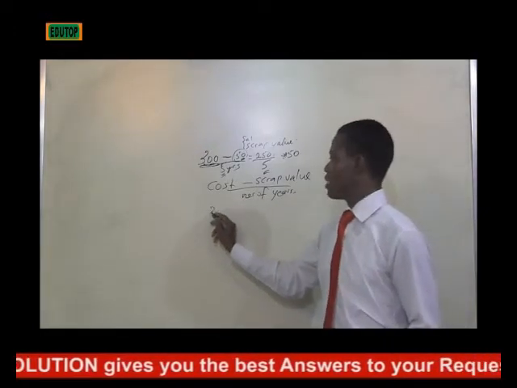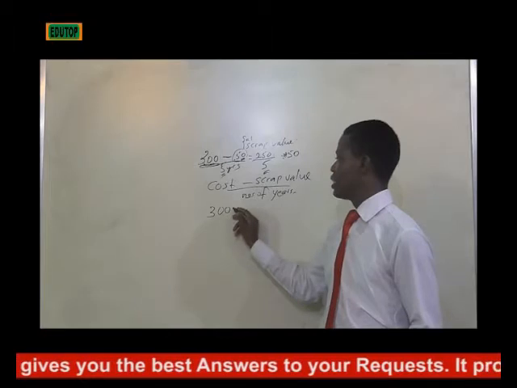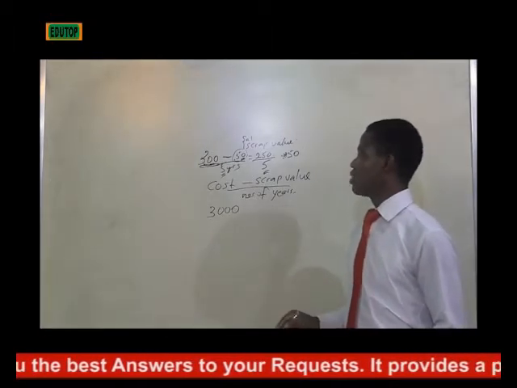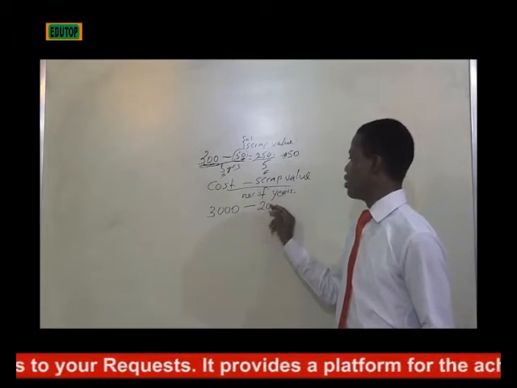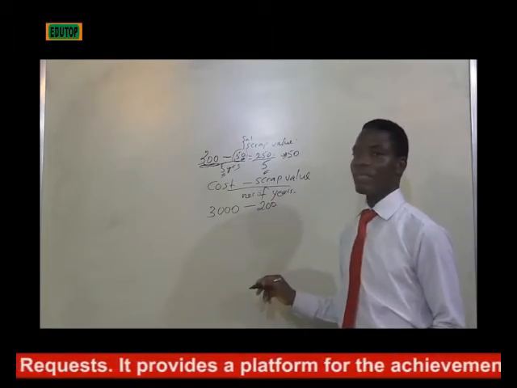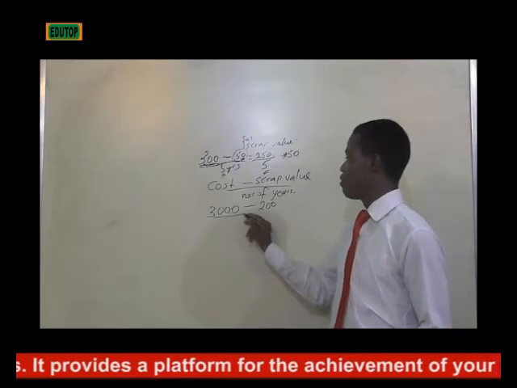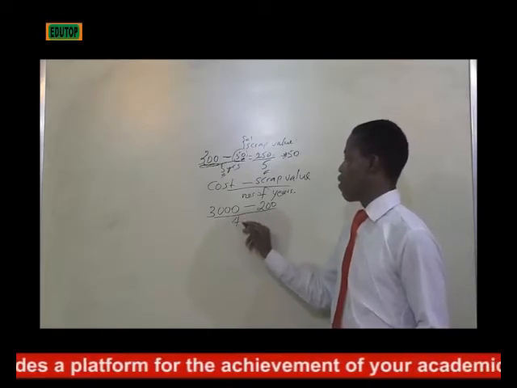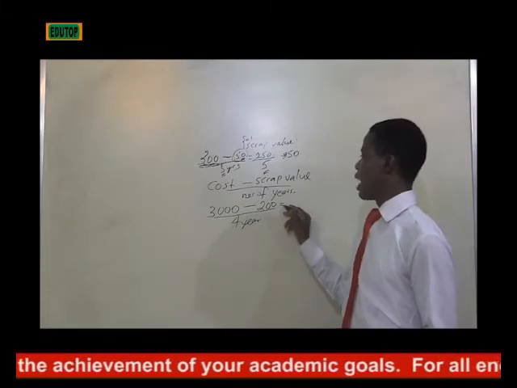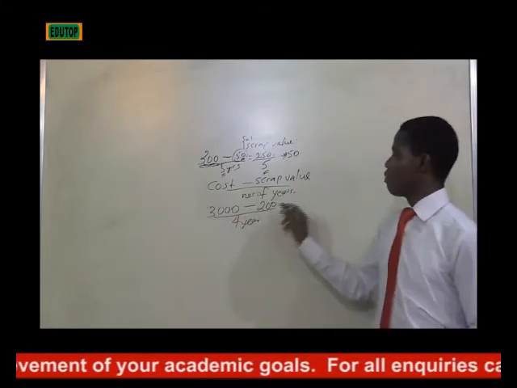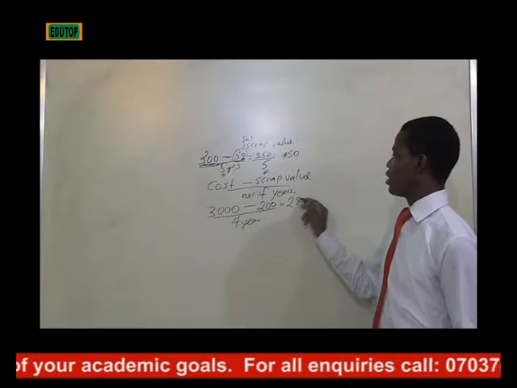The cost of that asset is 3,000 naira, minus the estimated scrap value of 200 naira, and the useful life is 4 years. Subtract this from this, and it gives you 2,800.